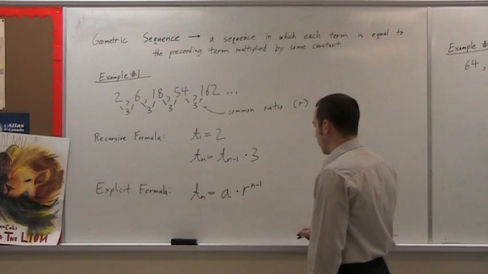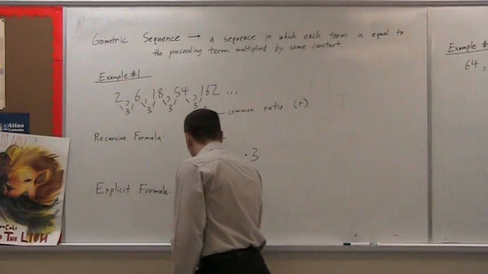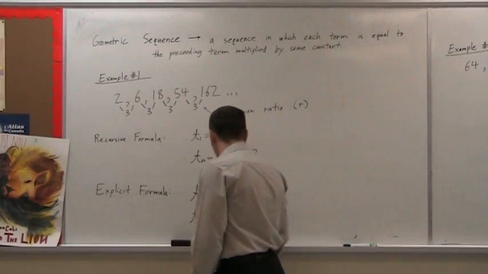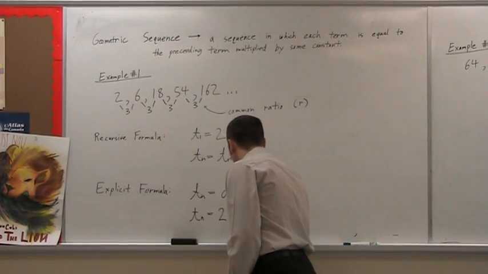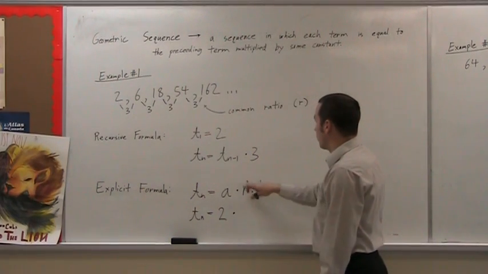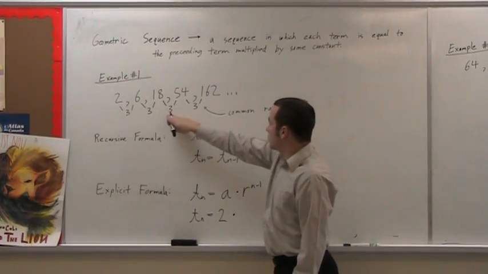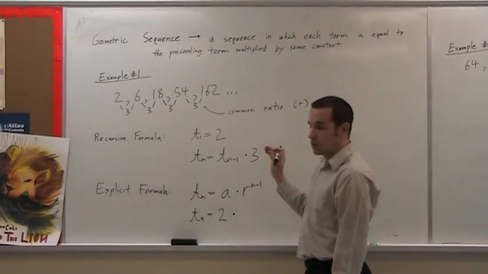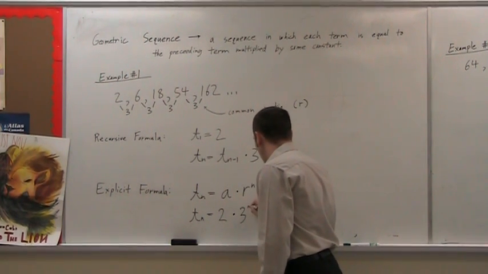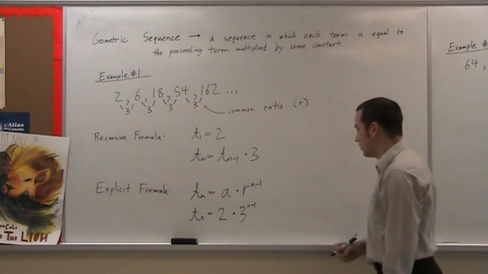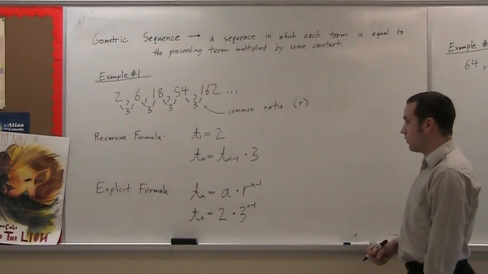So for this particular example, Tn equals, our first term is 2, so it's 2 times my common ratio R, which is 3, that's what I had to multiply each term by to get the next, to the power of n minus 1. And you can quickly see if that works or not.